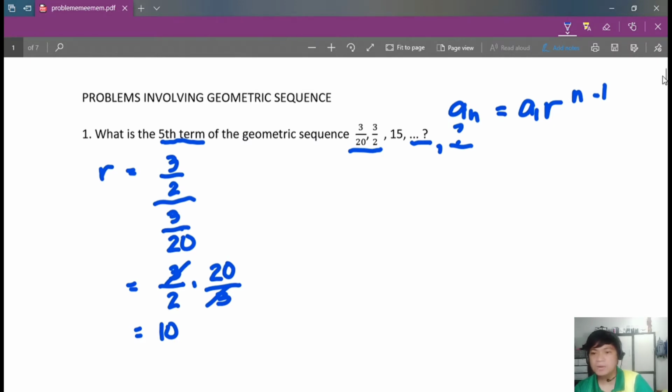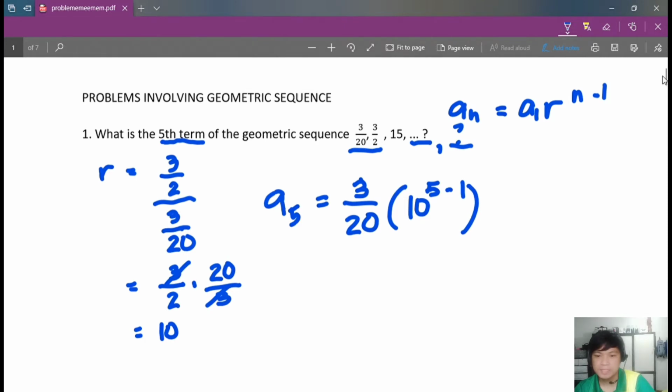So we will proceed now by using the formula, since we already know the common ratio. We are looking for the fifth term, so that is a sub 5. A sub 5 is equal to the first term, 3 over 20, times the common ratio 10 raised to 5 terms minus 1 power.